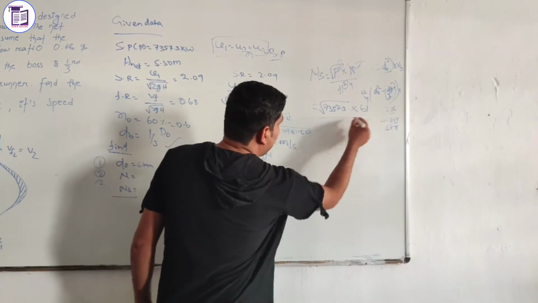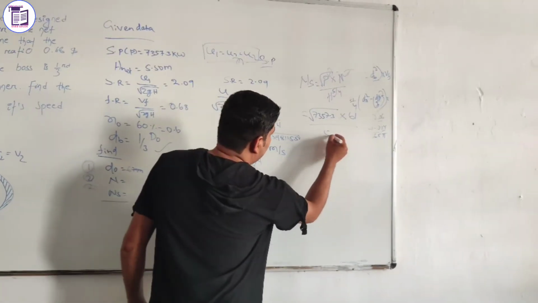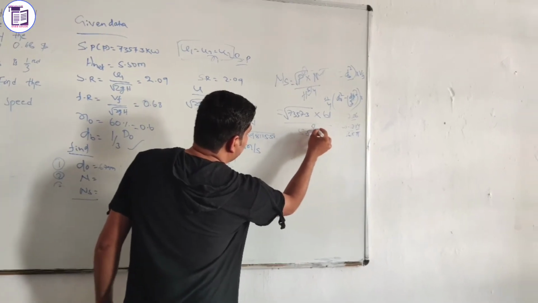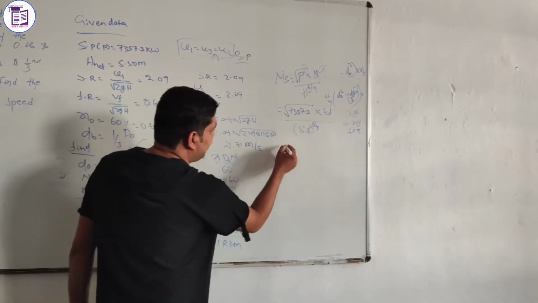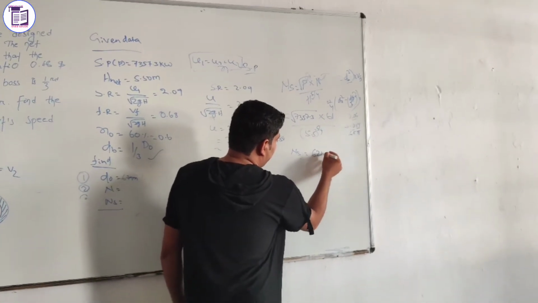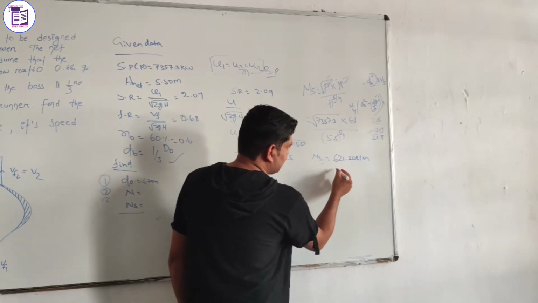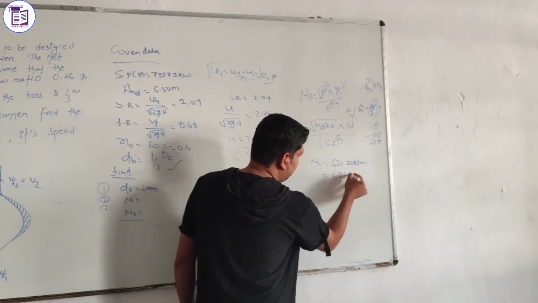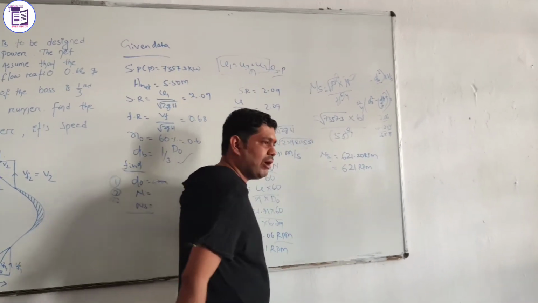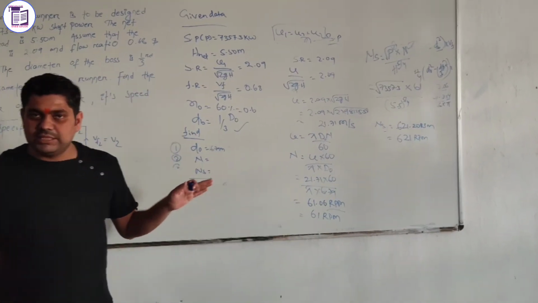Into 61 by head, which is given as 5.5 to the power 5 by 4. Now the ns value is 621.20 rpm. We can also write 621 rpm. If the next digit is above 5, you can write 622. So this is all about the specific speed.